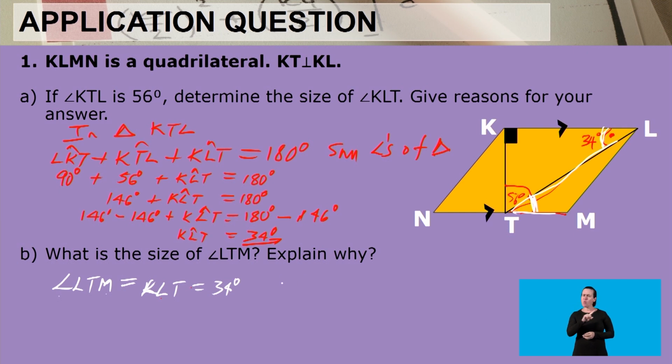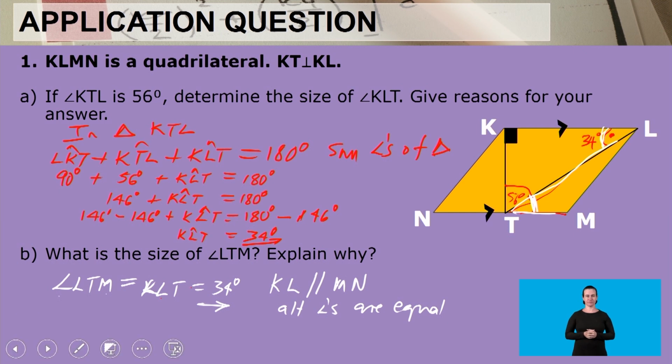The reason is that line KL is parallel to line MN, and therefore alternate angles are equal. So it would be 34 degrees.